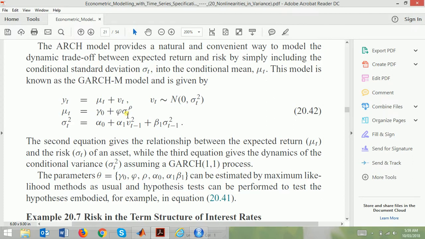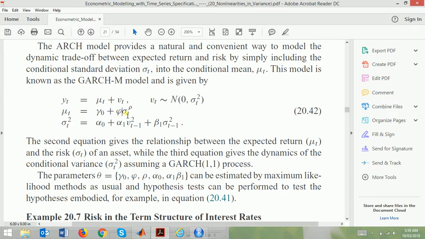The parameter theta equals gamma naught plus epsilon, which is the governing coefficient that takes on different values for risk attitudes, along with alpha naught, alpha 1, and beta 1 coming from the GARCH model.